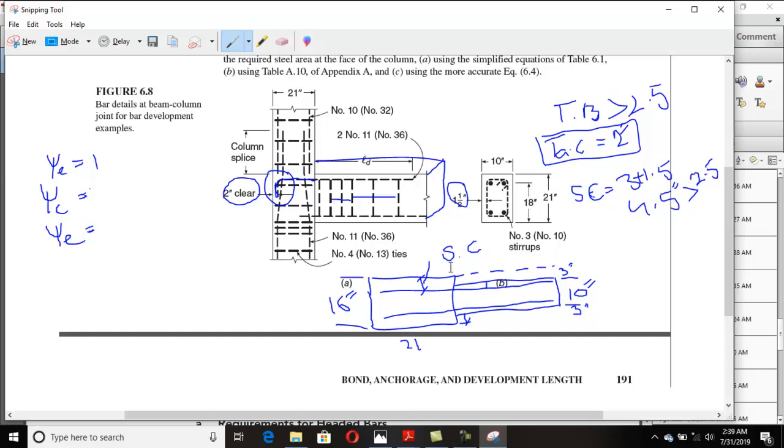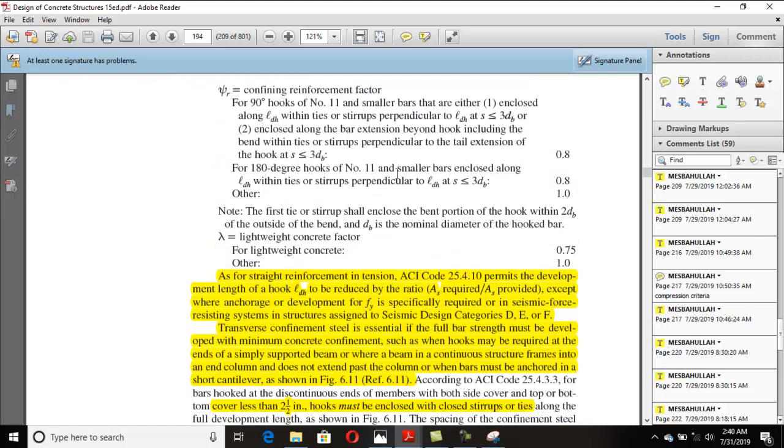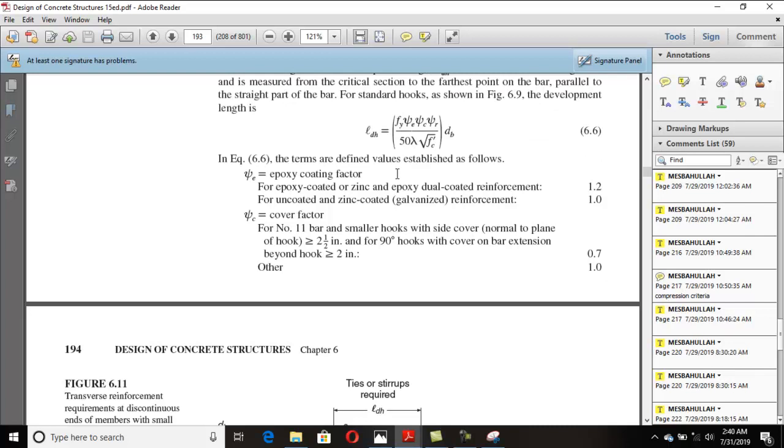And for the psi C factor, your tail cover is also equal to 2 inches. So this fulfills the criteria as we mentioned, because the bar size is number 11. Number 11 and smaller.